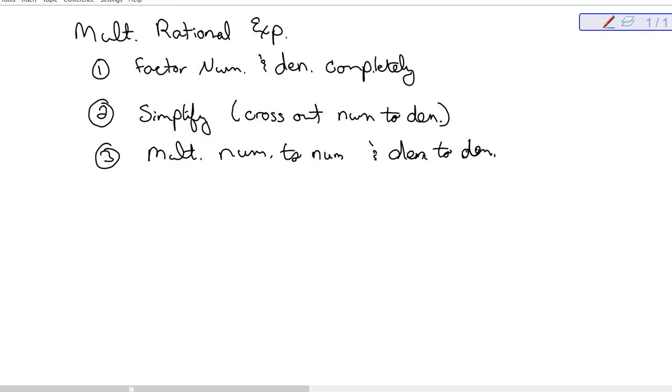And this will give us our most simplified form. And I will go ahead and say we leave them in simplified version, so we don't actually go ahead and distribute or anything like that. We just leave them in factored form when we multiply, when we're working with rational expressions.